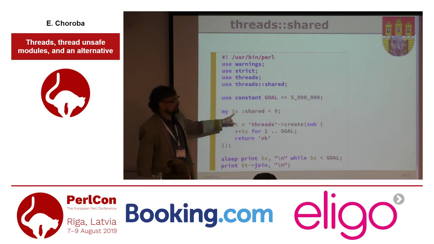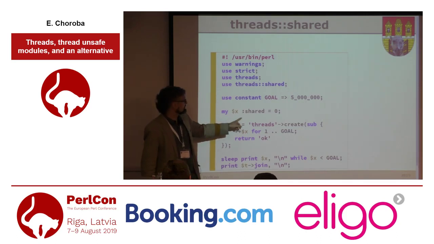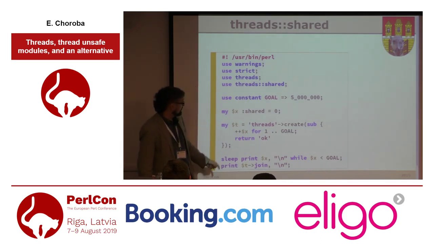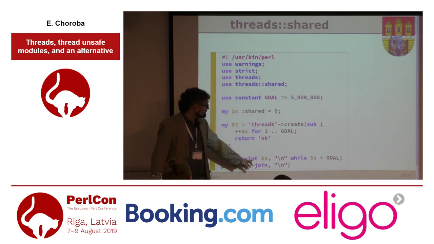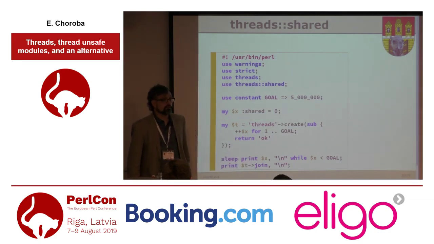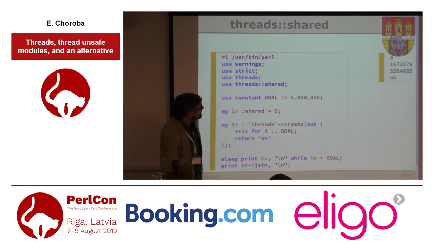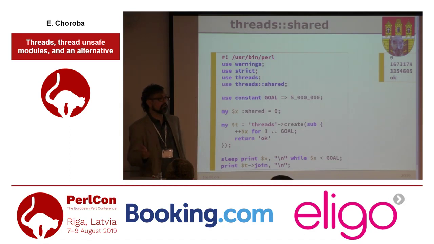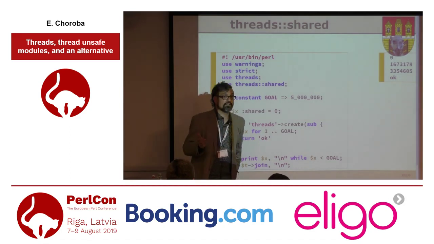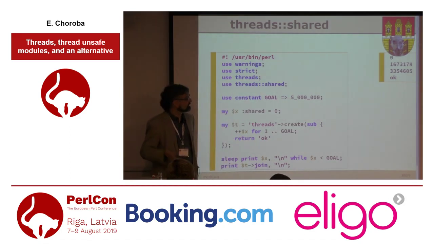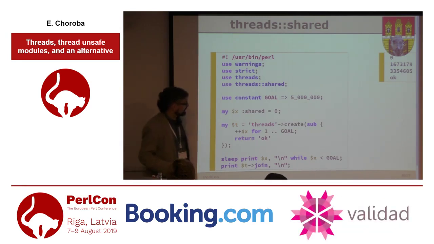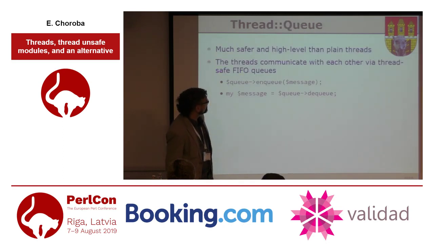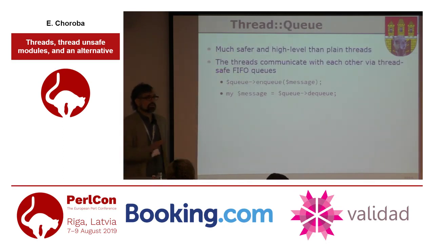We have to say that we will use threads::shared. Via an attribute, we can say that a variable is shared between the threads. Then there is one thread that increments the variable many times, and from time to time we inspect the value. The output can be something like this.